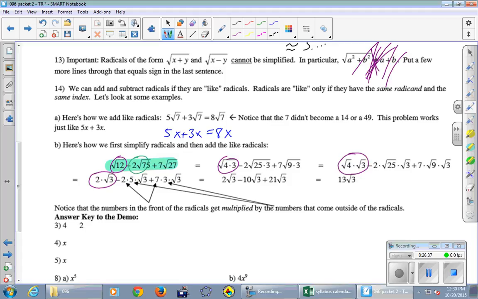Does 4 go into 75? No. Does 9 go into 75? No. 16? No. 25? Yes. And 75 is just 25 times 3. So we still have 75, but now it's written in a more useful form. And then I can split apart that 25 and the 3 like that.